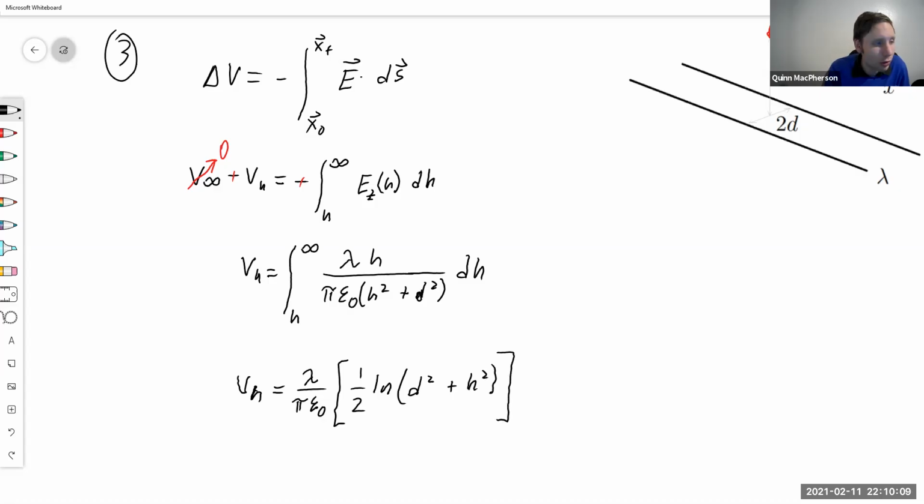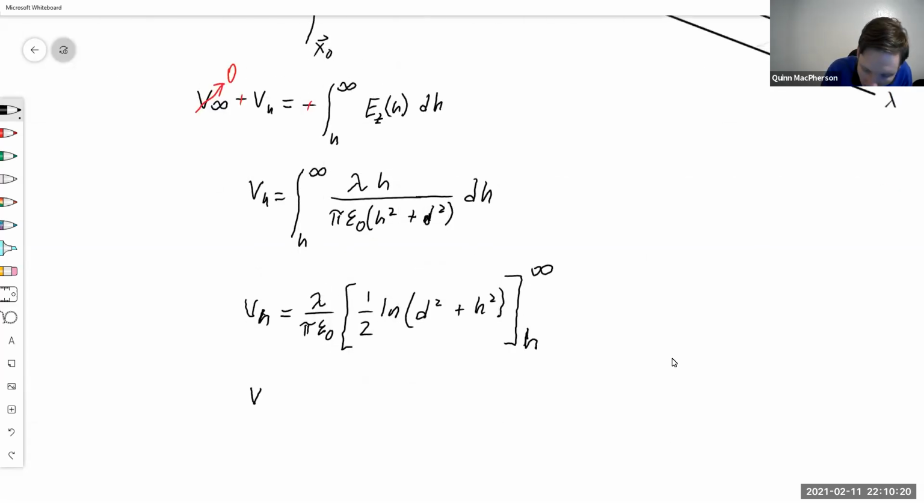Don't believe me, take the derivative and verify this. Evaluated from H to infinity. Now I'm going to stick in my two limits, and I get V of H is equal to lambda over pi epsilon naught.